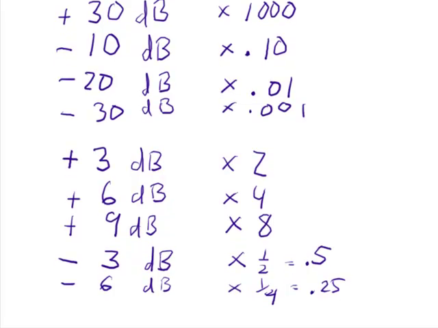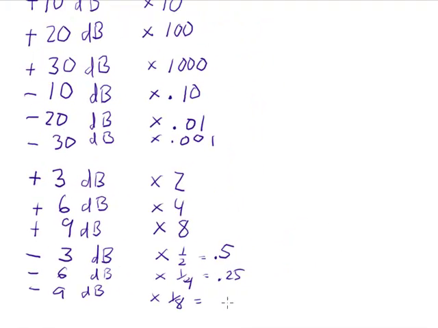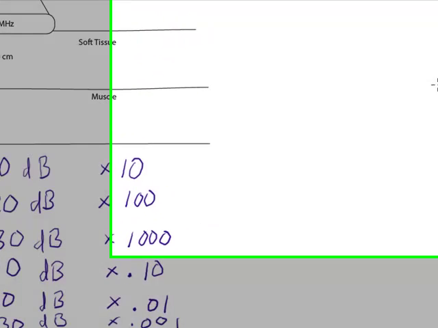And if we decrease by 9 decibels, that's equivalent to multiplying our signal intensity by 1/8 or 0.125.